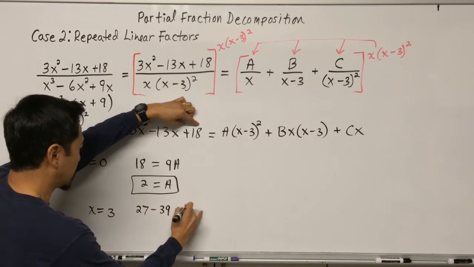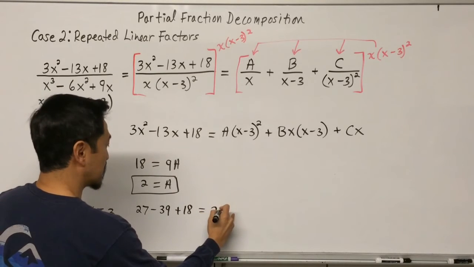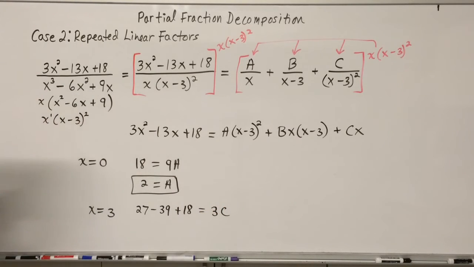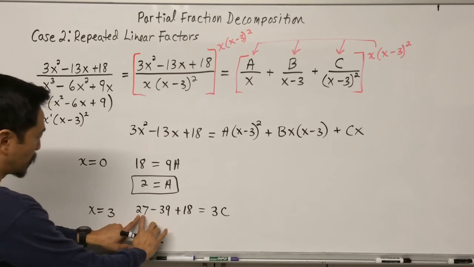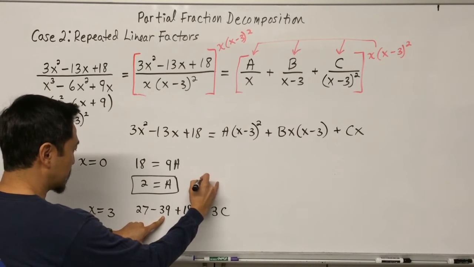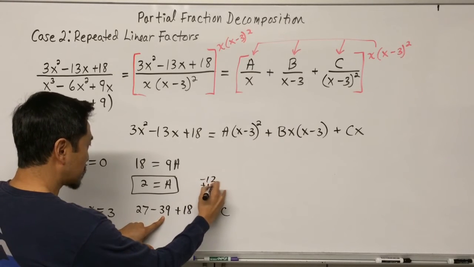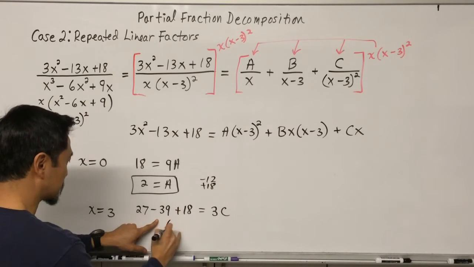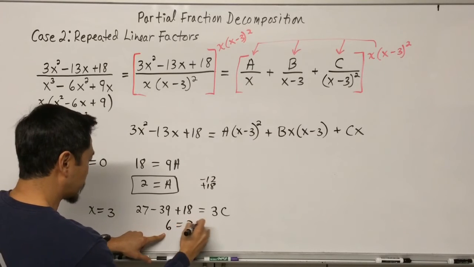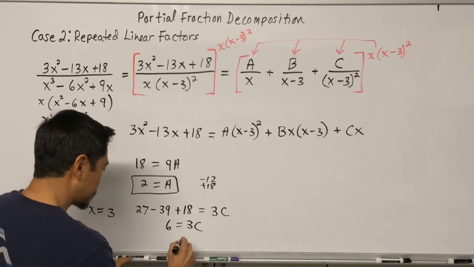And then add that with 18. And then you're left with 3 times c. Now 27 minus 39, that's what, folks? Negative 12. Negative 12 added with 18, that'll give us a 6. So now you've got c equaling 2, right?